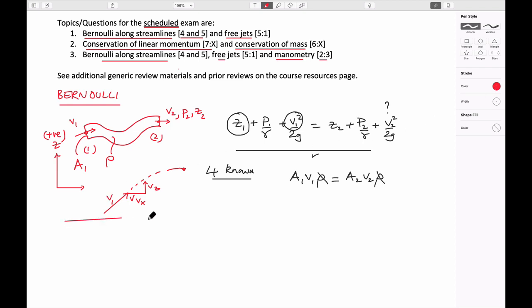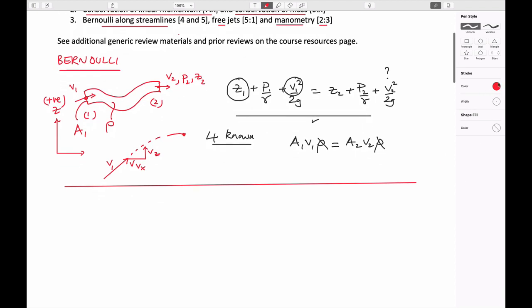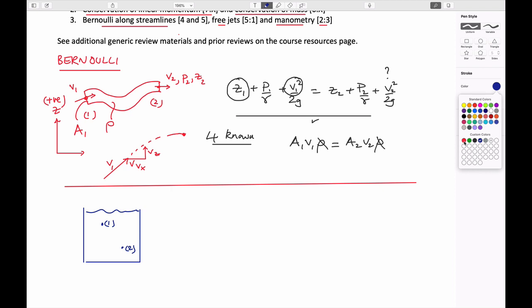So in manometry, we know that if we have a fluid in a bucket, and we have fluids at two particular locations, 1 and 2, we can always draw, if it's static, any streamline between any two points, because velocities are 0.